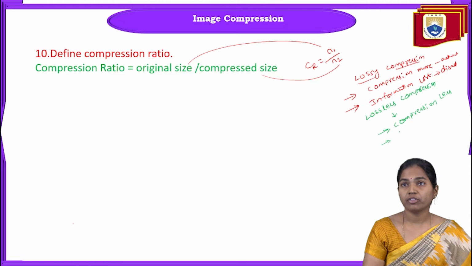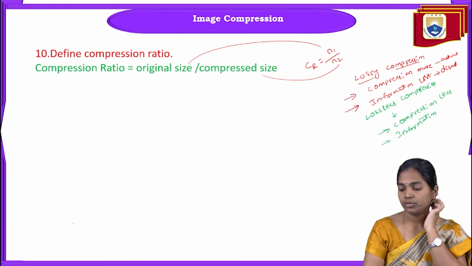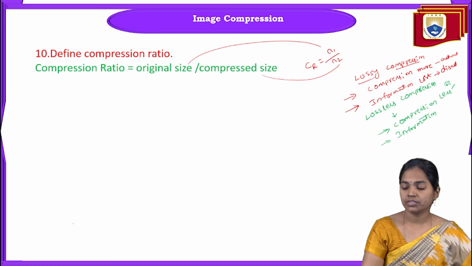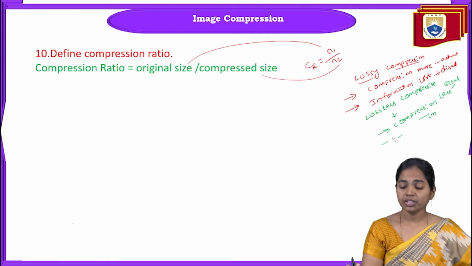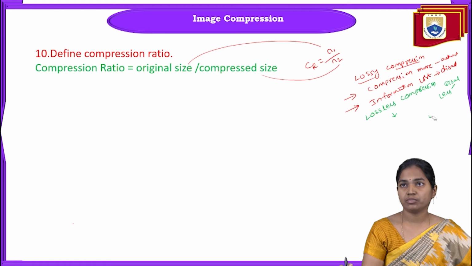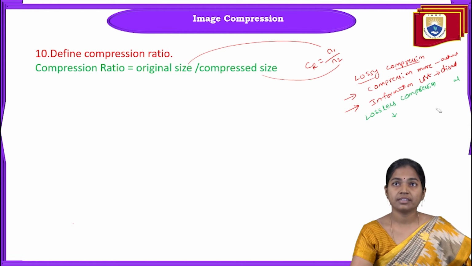And what about the information? It is the same information. So this is the disadvantage in lossless compression, and this one is the advantage. So if the compression ratio is more, it is an advantage. If the compression ratio is less, it is a disadvantage.